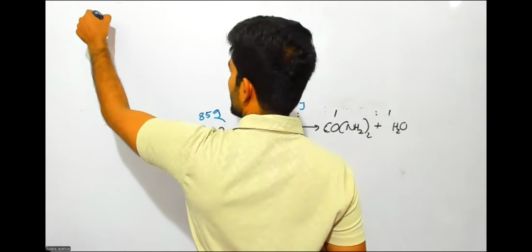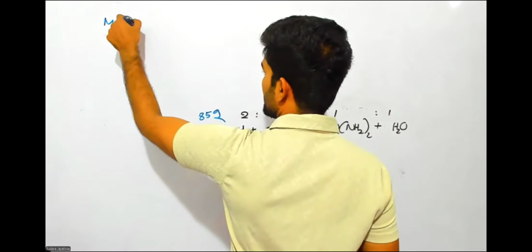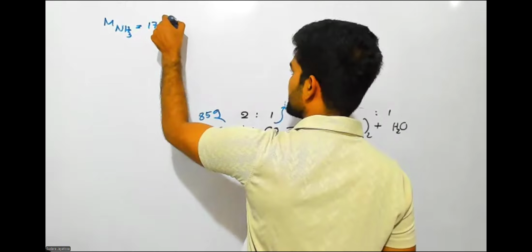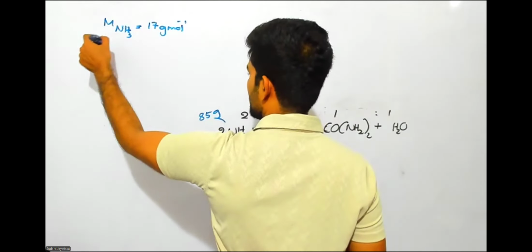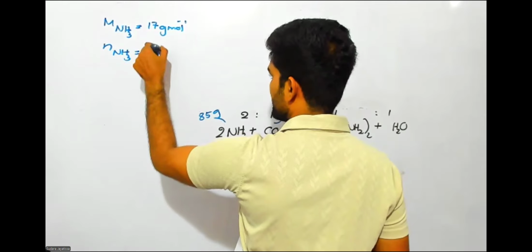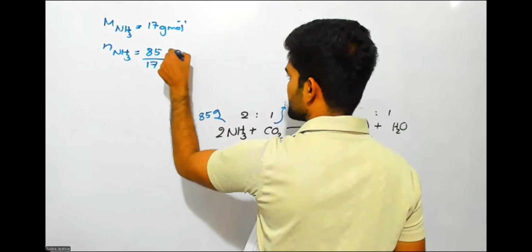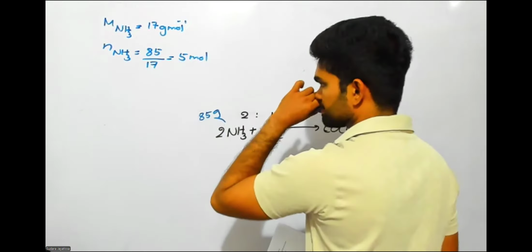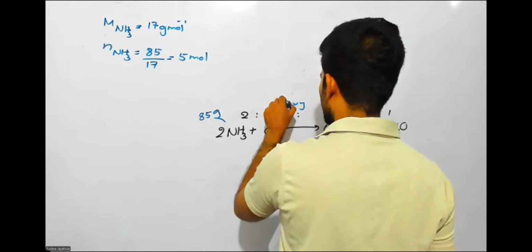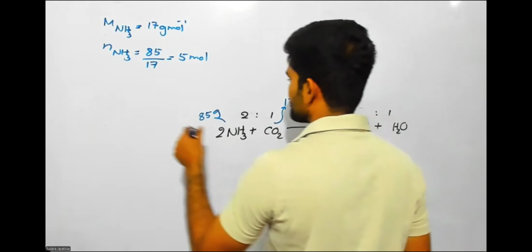Now, molar mass of NH3: nitrogen 14, hydrogen 3, so 17 gram per mole. And then number of moles of NH3, 85 divided by 17. It's divisible. You have 5 moles. And then this one is 176.